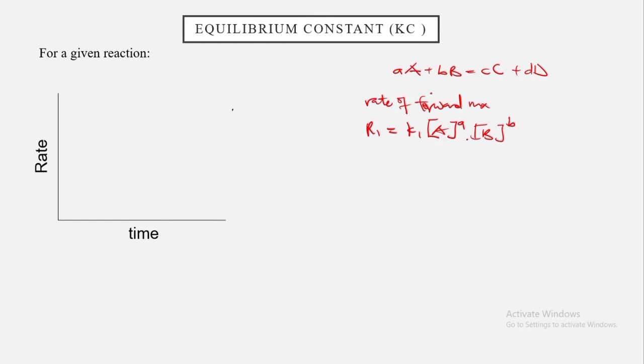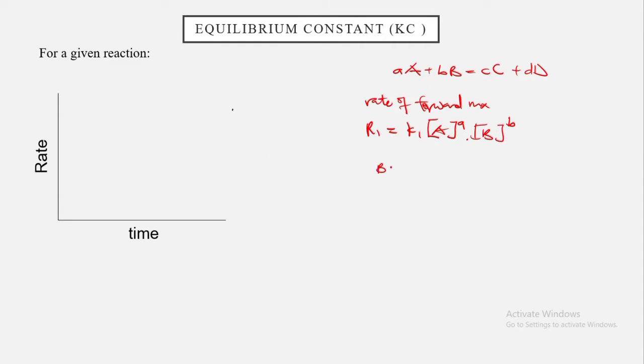So we are looking at the reactants. It is the concentration of the reactants raised to the number of moles, and K1 is a constant. With this, we can also have the backward reaction.